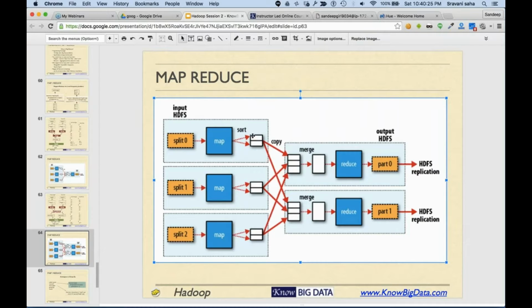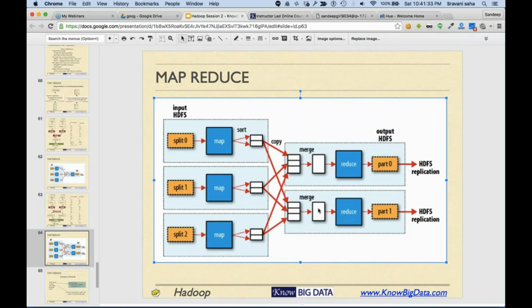So every key gets converted into a number, and based on that number we decide where to send it. Say, whichever key is even will be put into one bucket, and whichever key is odd will be put into another bucket, and that's how this division of the data happens.